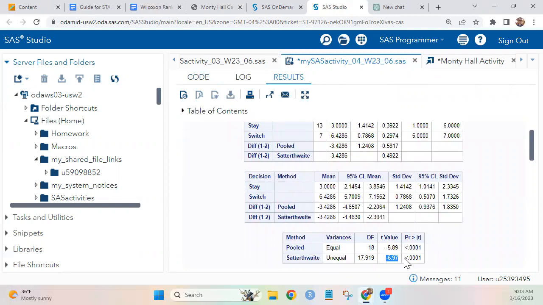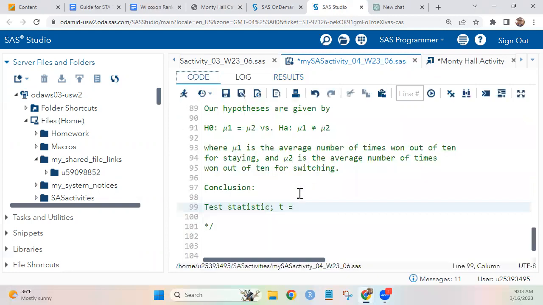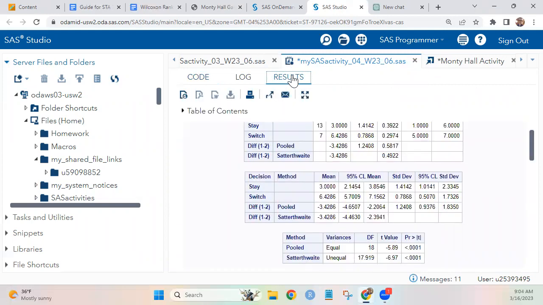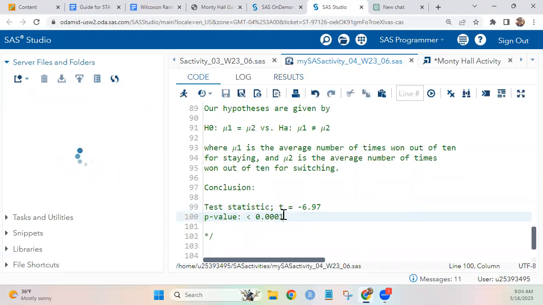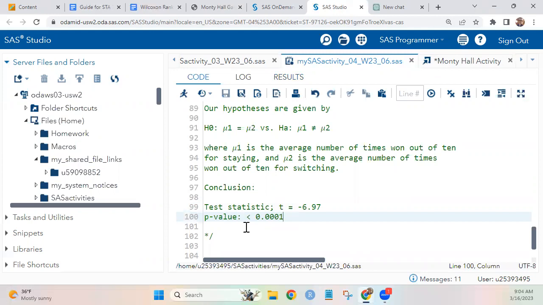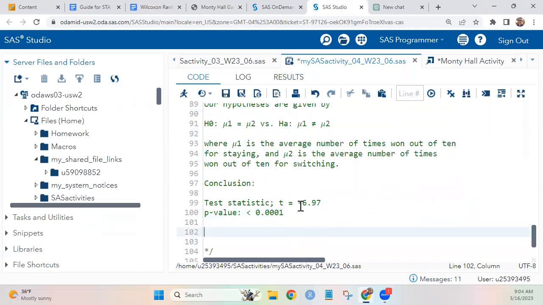Right here. That, and then our p-value is SAS's famous less than 0.0001. SAS doesn't care if it's smaller than that. They're all the same. So what's our decision? Yeah, reject the null.